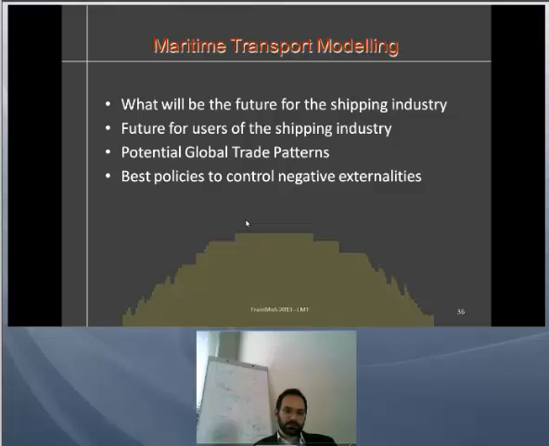We need to address what will be the future for the shipping industry, what will be the potential for trade growth, what is the future for the users of the shipping industry, operators, suppliers, and cargo suppliers, and what are the potential global trade patterns, what will change, especially from developing countries, that will produce more and also consume more, and this will probably change the pattern of trading.